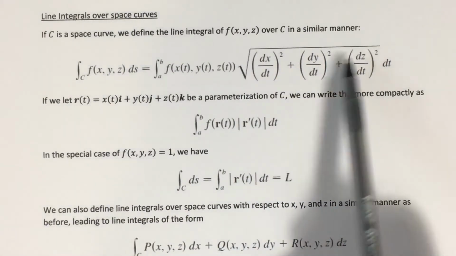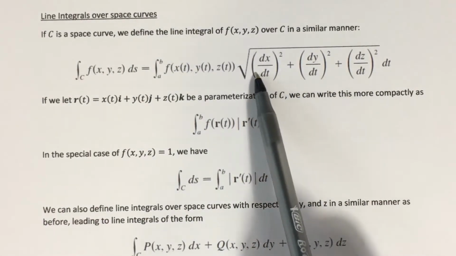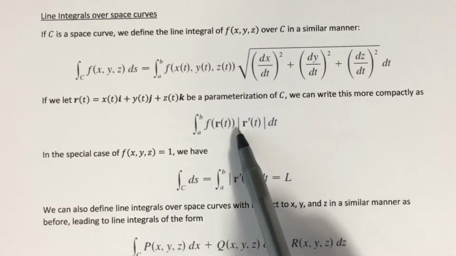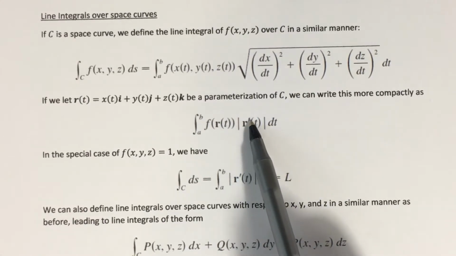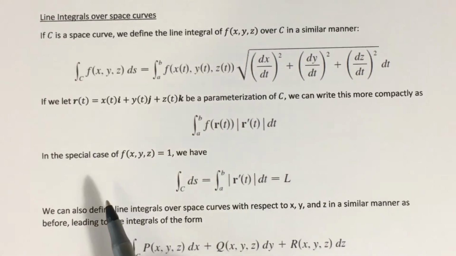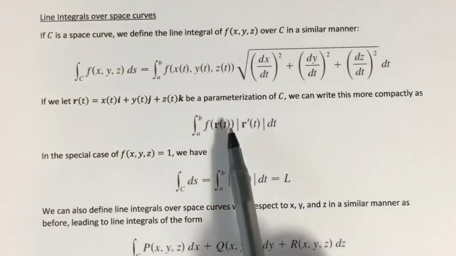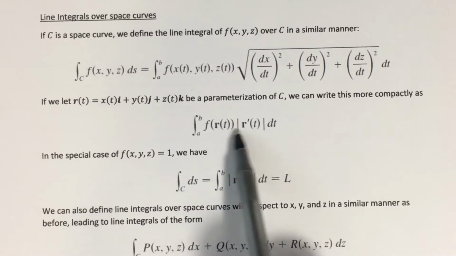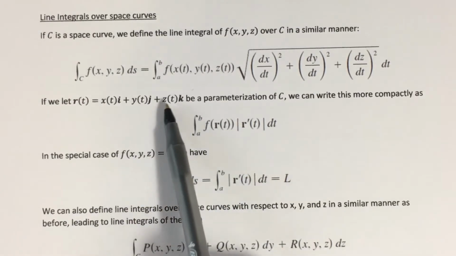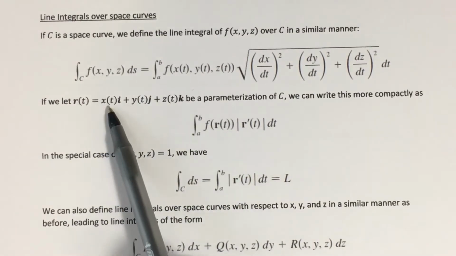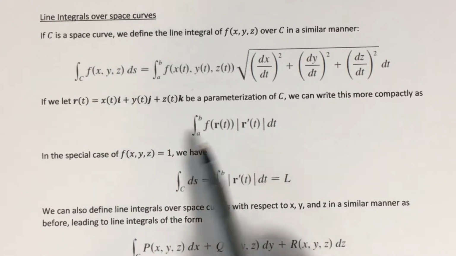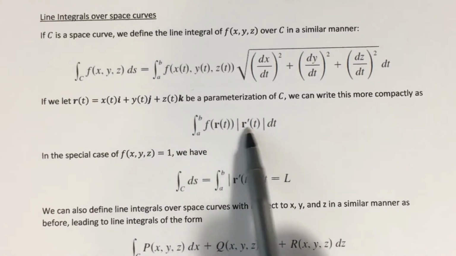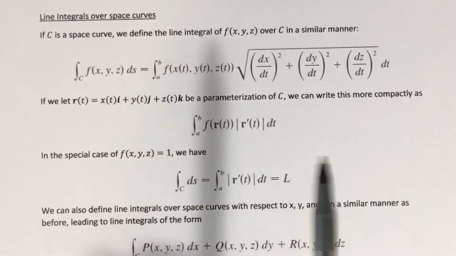Similarly, this quantity right here should look really familiar. This, in chapter 13, we showed was equal to the magnitude of r prime, again when r is given in this form. So I can represent this line integral much more compactly this way, and this would also apply in the case of a plane curve.